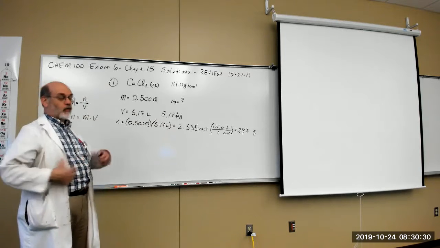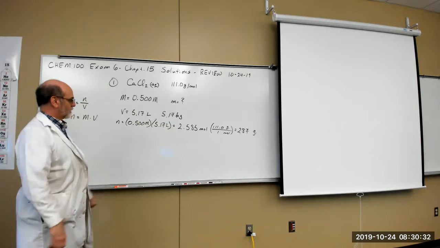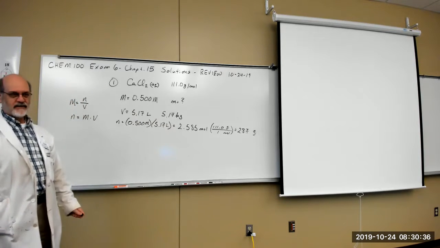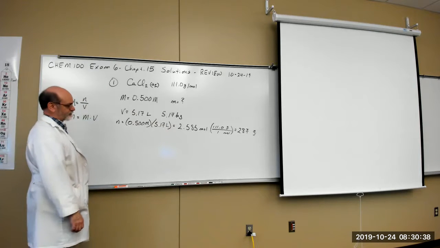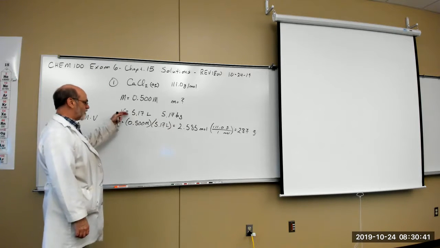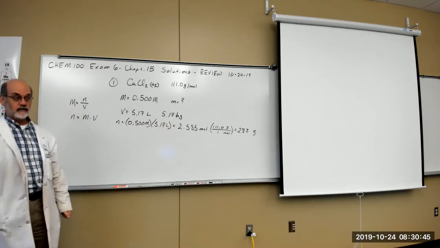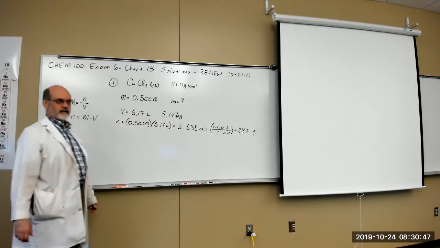So the moral of that story is there's more than one way to produce a solution. You sort of have to improvise sometimes, if you absolutely have to have this volume. If you don't, then you use volumetric glassware and have extra.